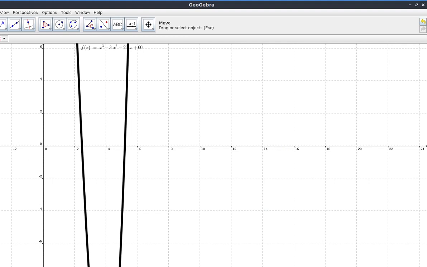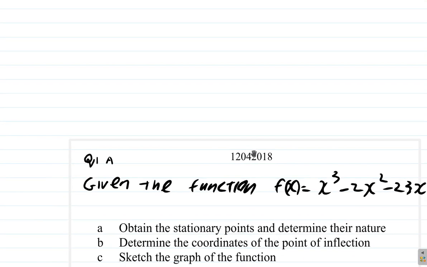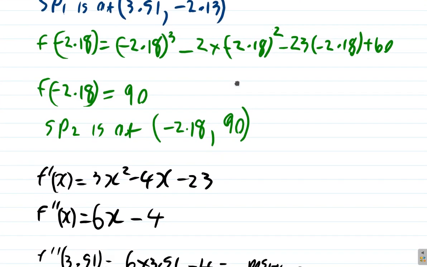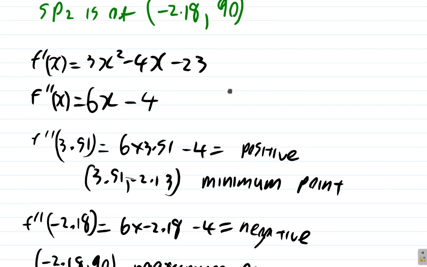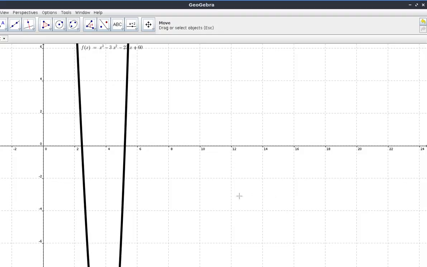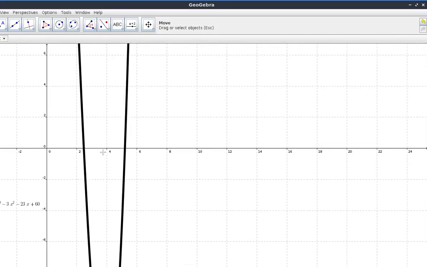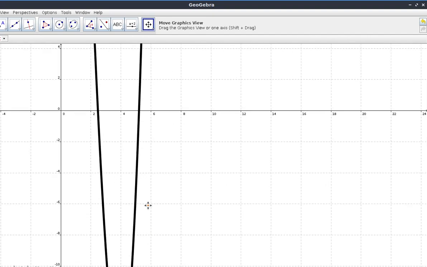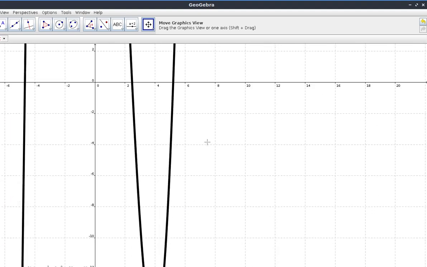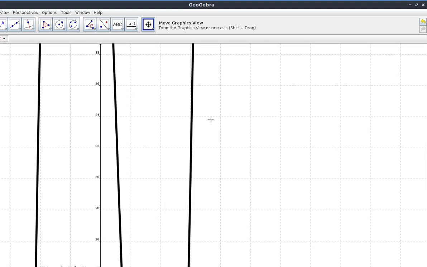So we said that one of the stationary points was at 3.5, negative 2.13, a minimum point. Alright, so let me see.